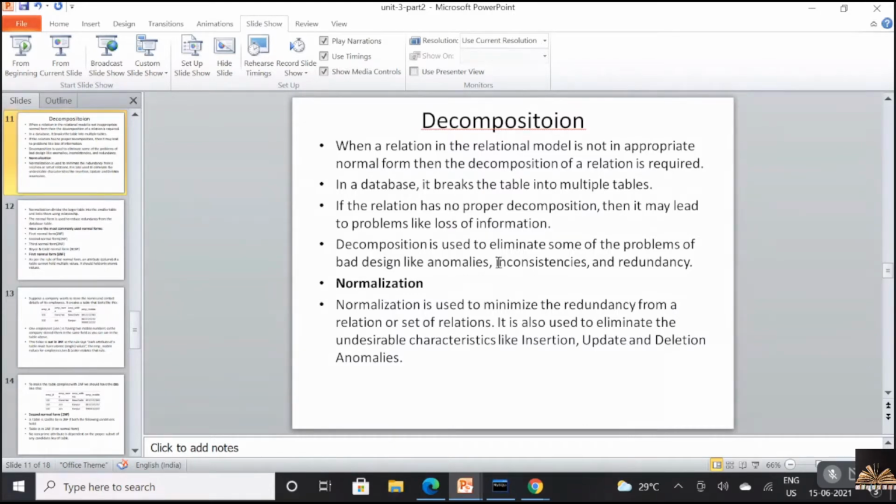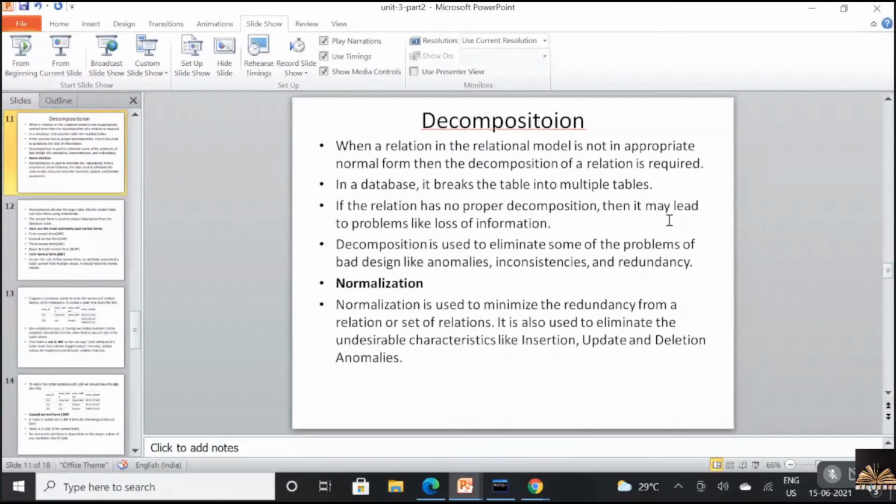If the relation does not have proper decomposition, it may lead to problems like loss of information. So whenever you break a table into multiple tables, you have to see that a relationship exists between them so that there is no loss of information.